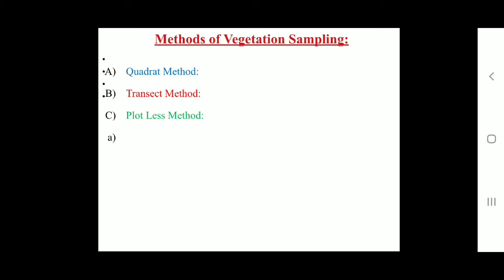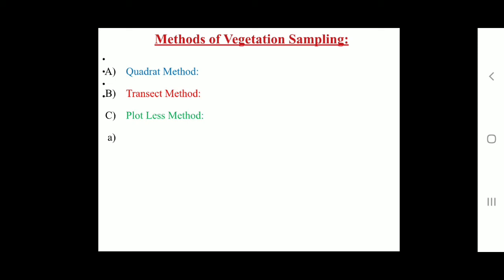Second type, that is count or list count quadrats. This type is used for numerical count of individuals of each species and used for the study of their abundance and density. Third type, that is chart quadrats. This type is used for the true to scale study of species distribution in space.